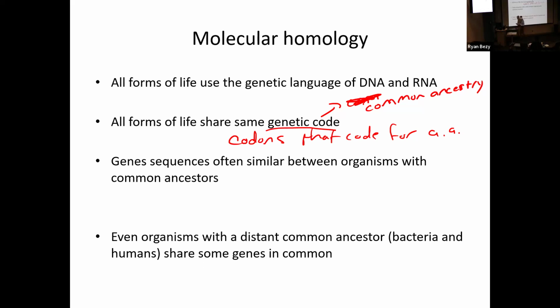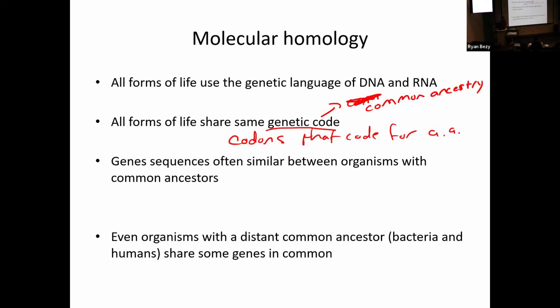We share about 75% with mice, another mammal. We only share about 40 to 50% with yeast, a single-celled microorganism, but still a eukaryotic cell type. We can use these gene similarities to determine ancestry, and we're going to talk more specifically about that later in the semester.